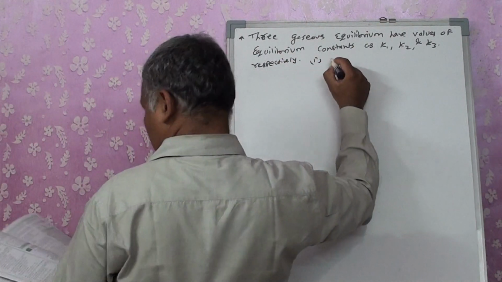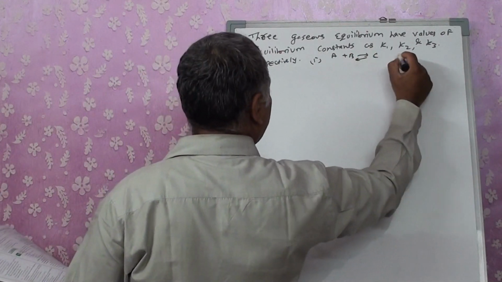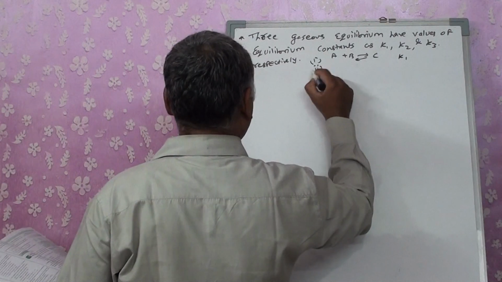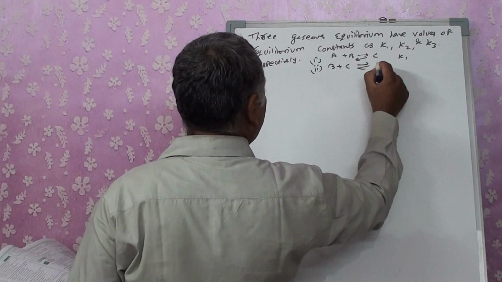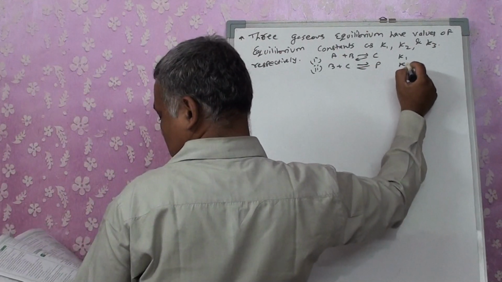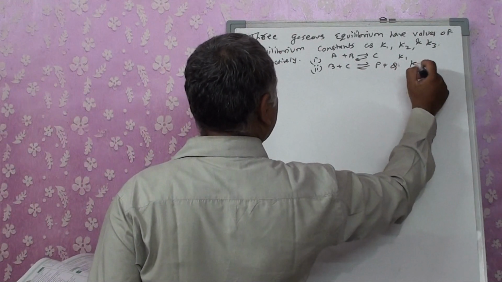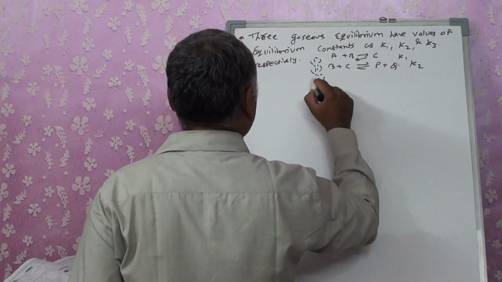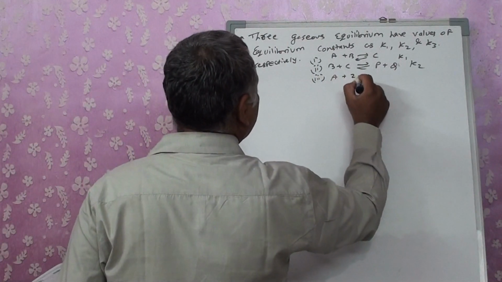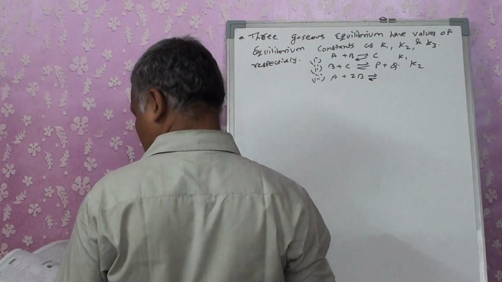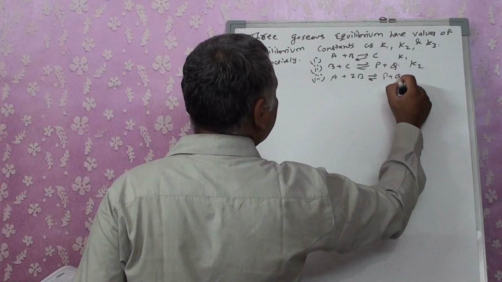The first reaction is given to me as A plus B getting converted into C. B plus C getting converted into P plus Q, for which it's K2, and the third reaction is given to us, A plus 2B getting converted into P plus Q.